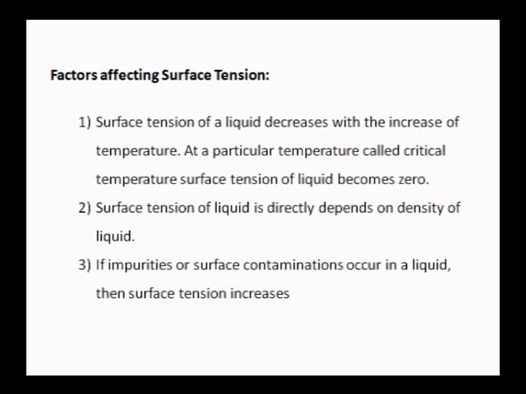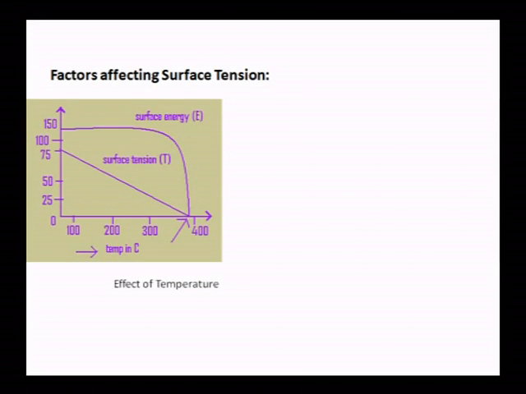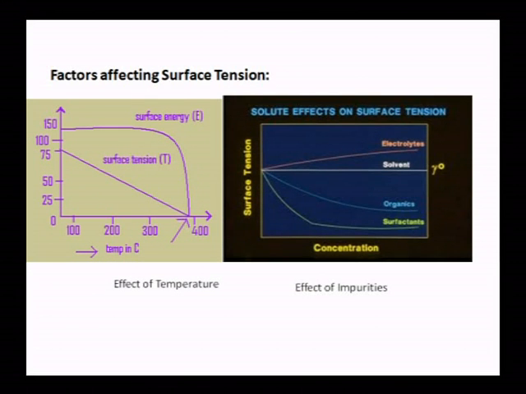For example, the gels used in inks increase the surface tension and do not allow the ink to spread over the paper. See, as the concentration increases, the surface tension decreases.